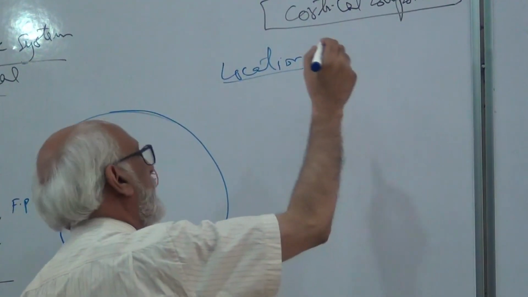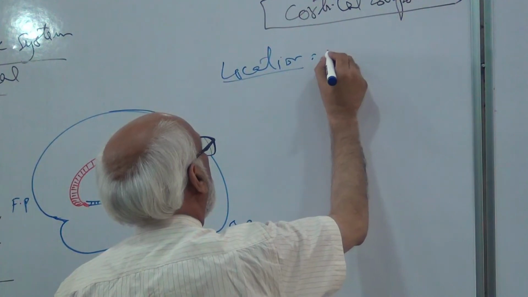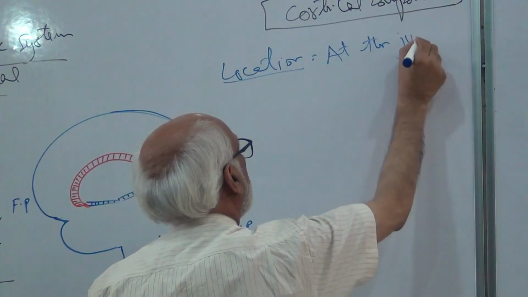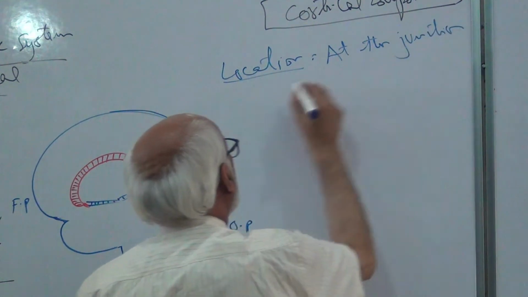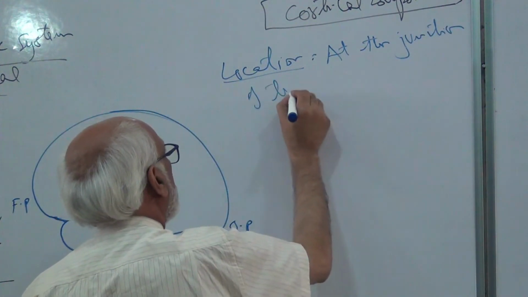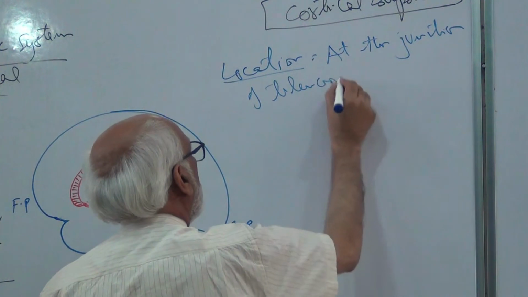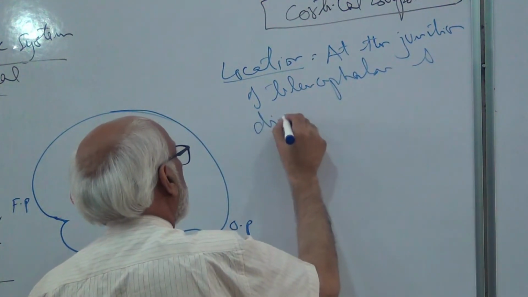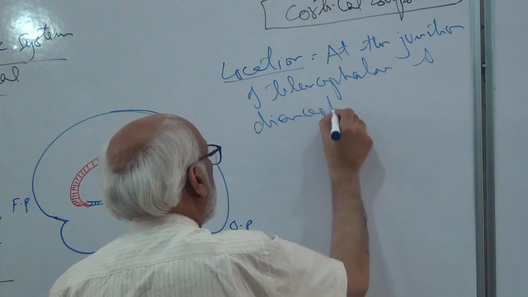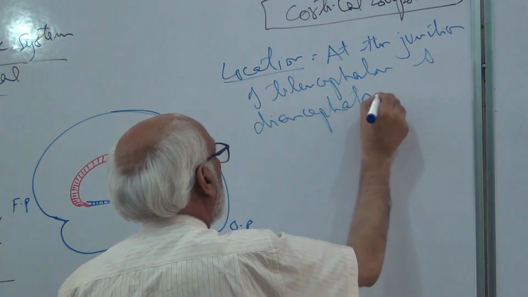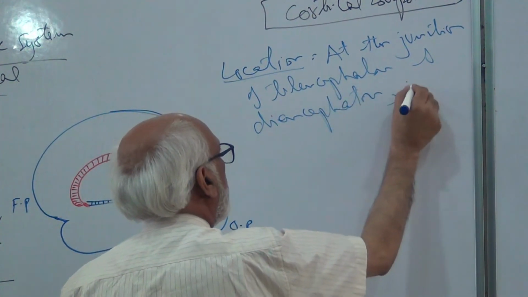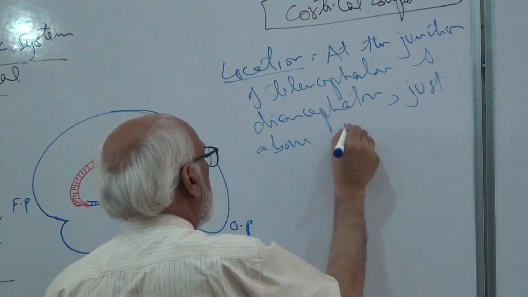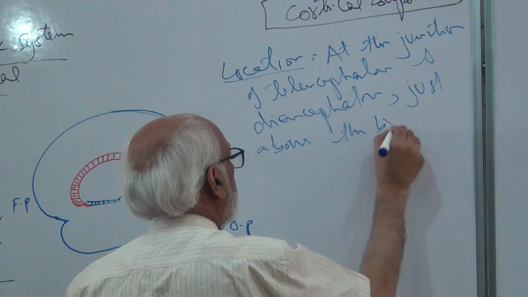So, location: at the junction of telencephalon and diencephalon, just above the brainstem.